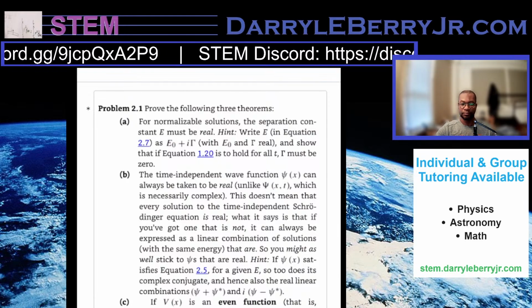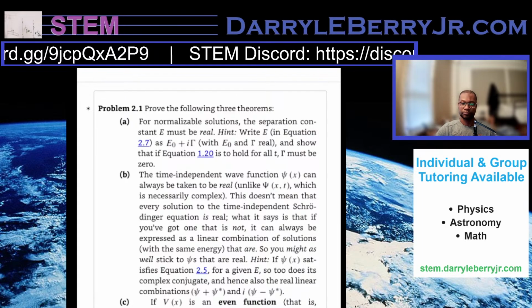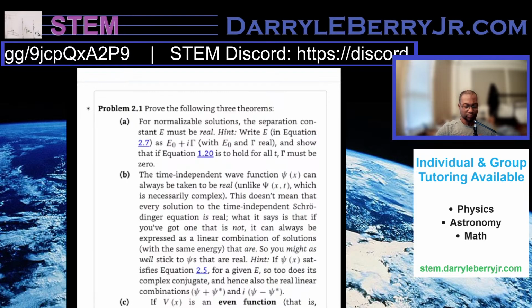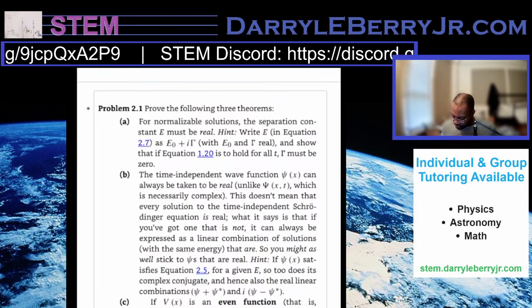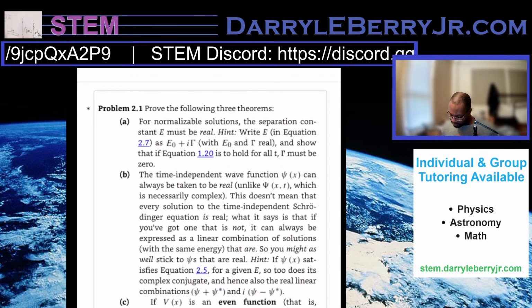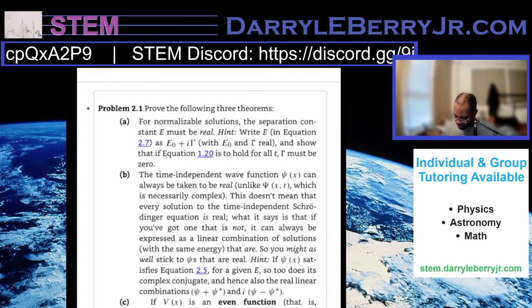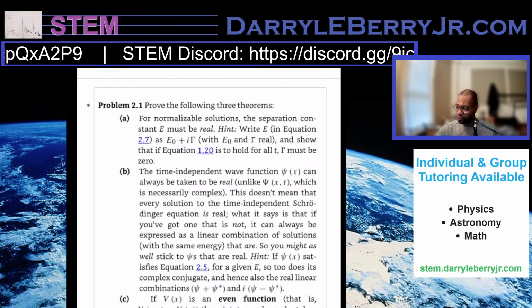So this one is saying for normalizable solutions, right? The separation constant E must be real. Write E in equation 2.7.